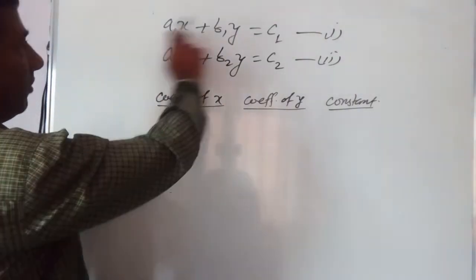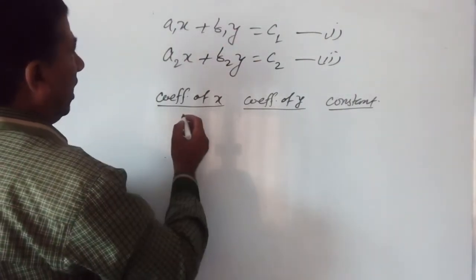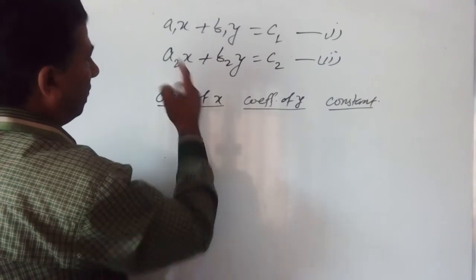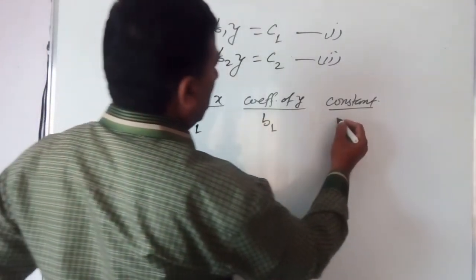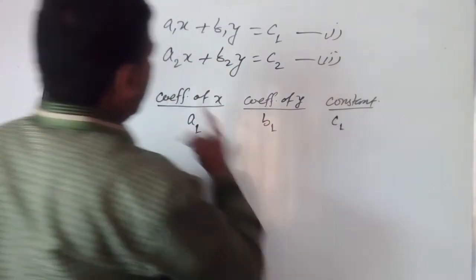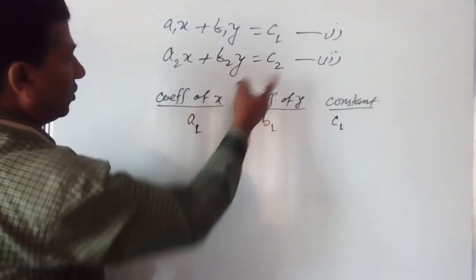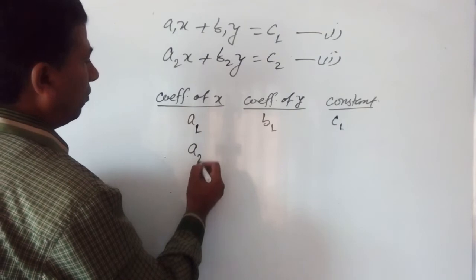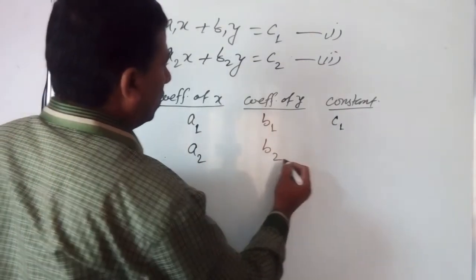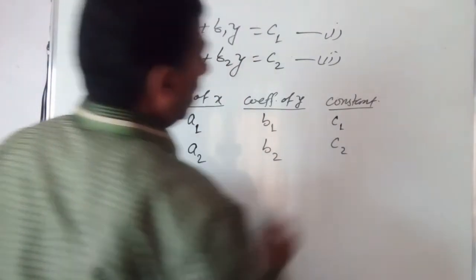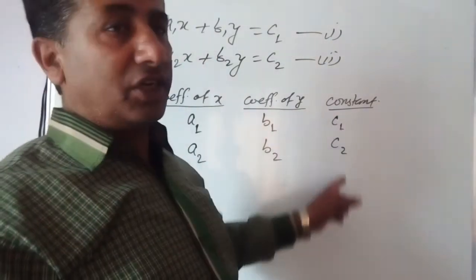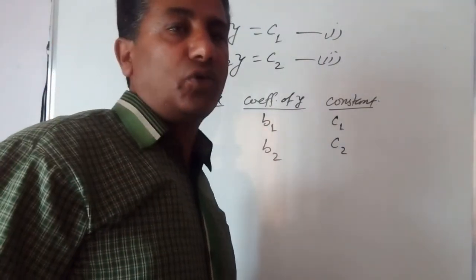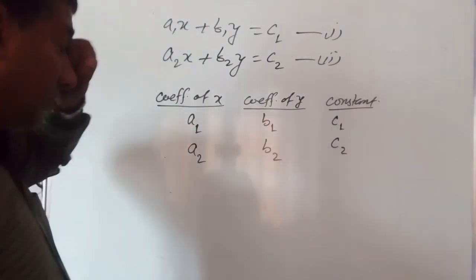First I write equation 1. I take the coefficient of x of equation 1, a1, then b1, then c1. Here for equation 2, the coefficient of x is a2, then b2, and c2. So I wrote the coefficients of x and y and the constant term from equation 1 and equation 2.